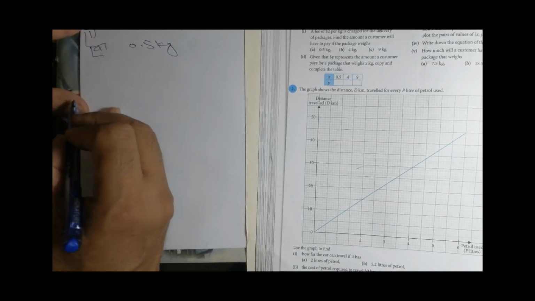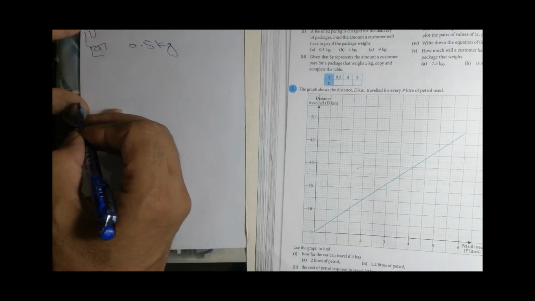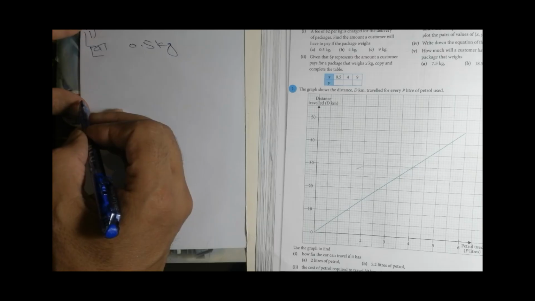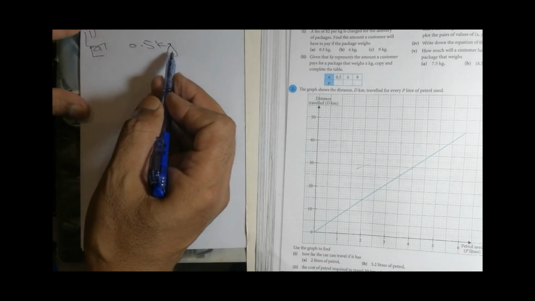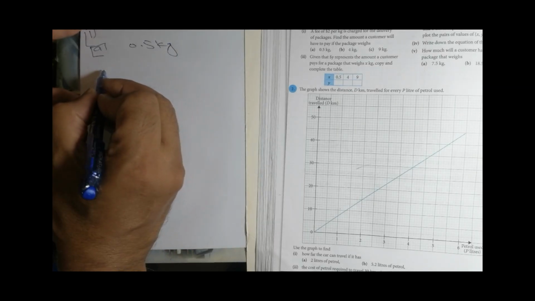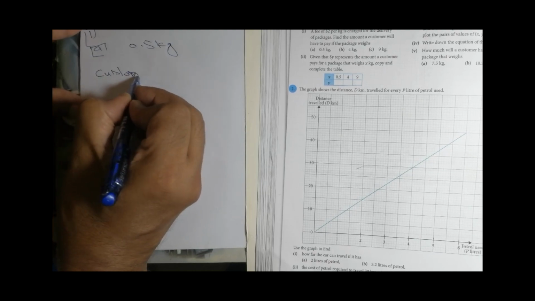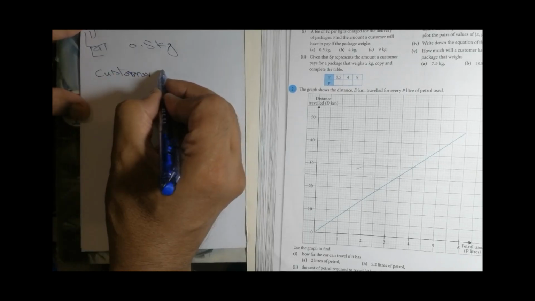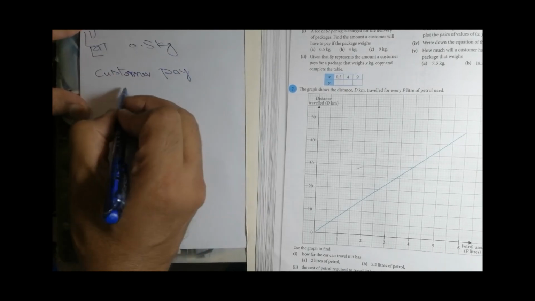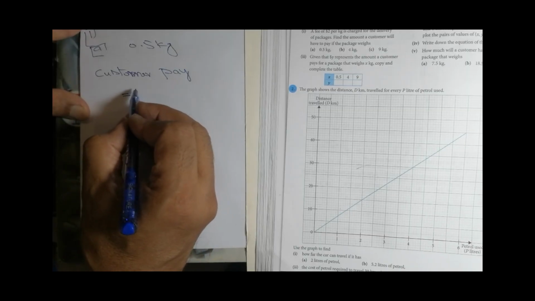A packet weight is 0.5 kg. So we need to find the amount a customer will pay for a package of 0.5 kg. So the customer pays a fee of $2 per kg.